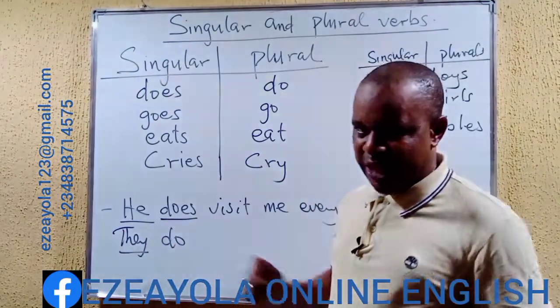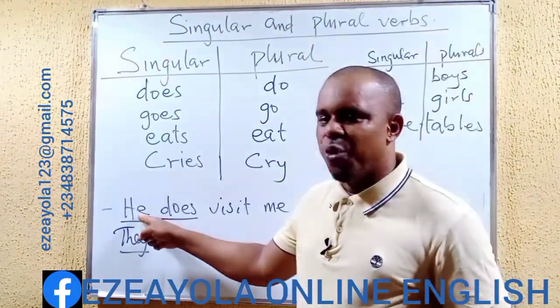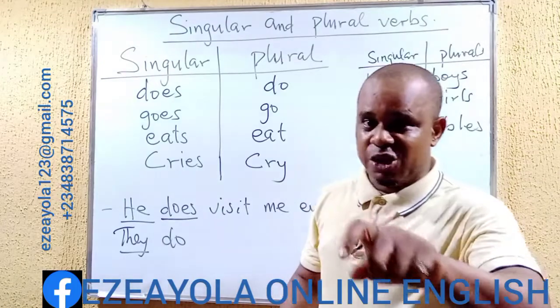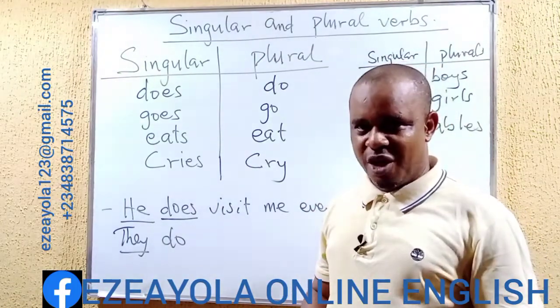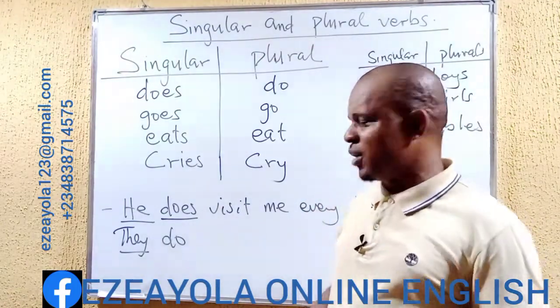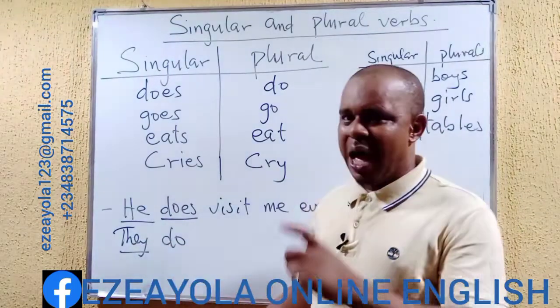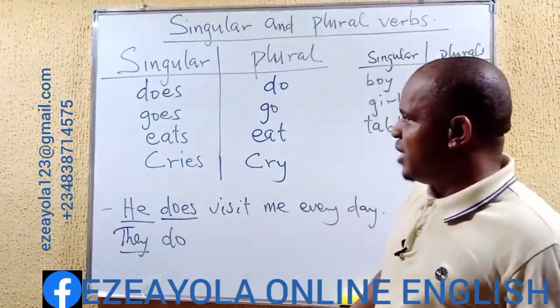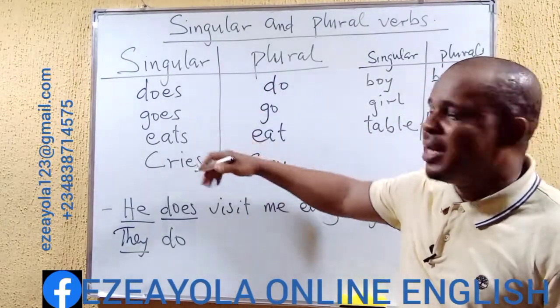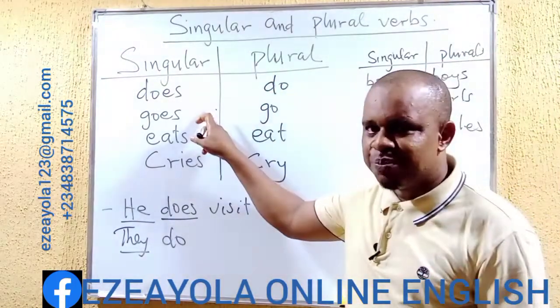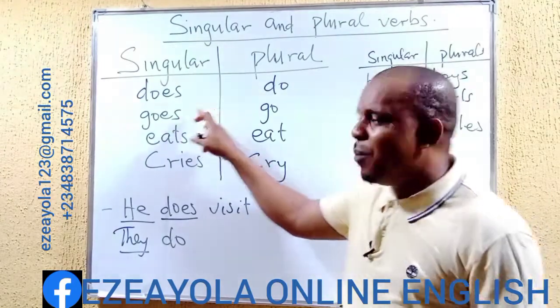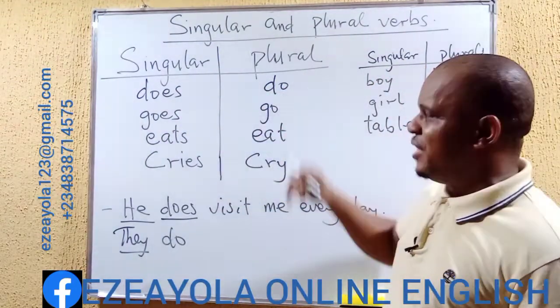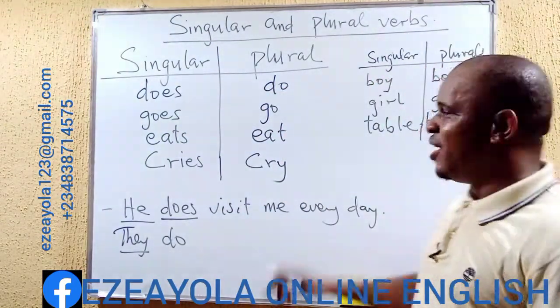The verbs that are singular must agree with their subject if the subjects are singular too, that's the rule of concord. And when those verbs are plural, they must agree with their plural subject. So please take note that singular verbs admit S, but the plural verbs do not admit S.